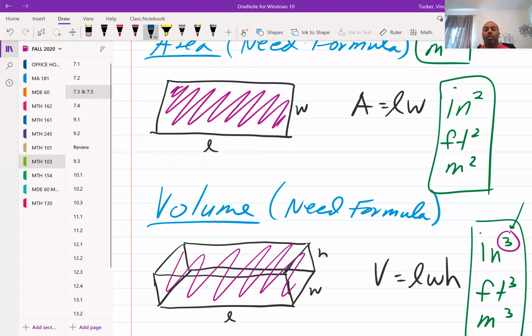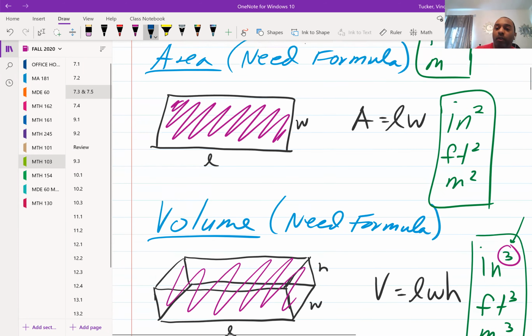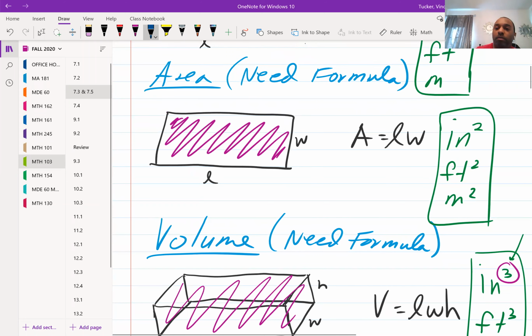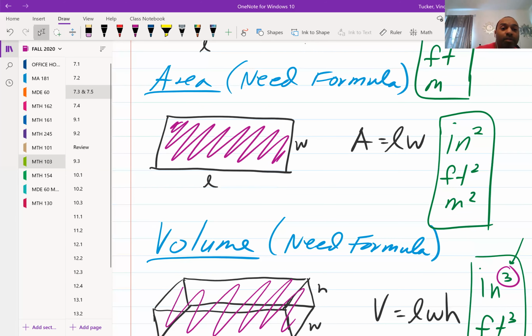So when it comes to the measurement that you will have for each one of them after you finish calculating, notice that for volume, you will be in cubic measurement. So if you were in inches, it will be cubic inches. For your area, it would be squared.